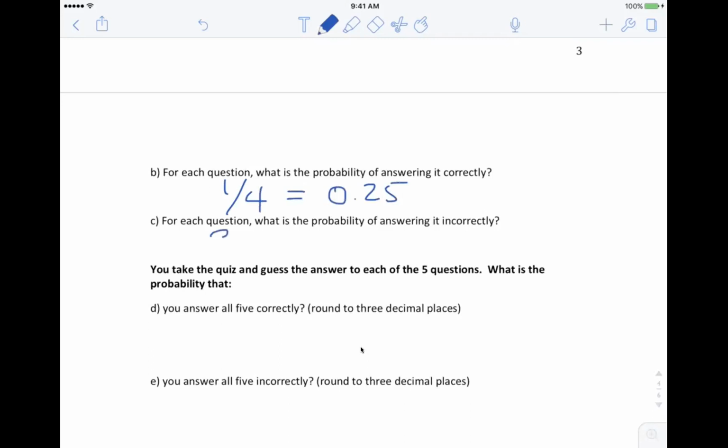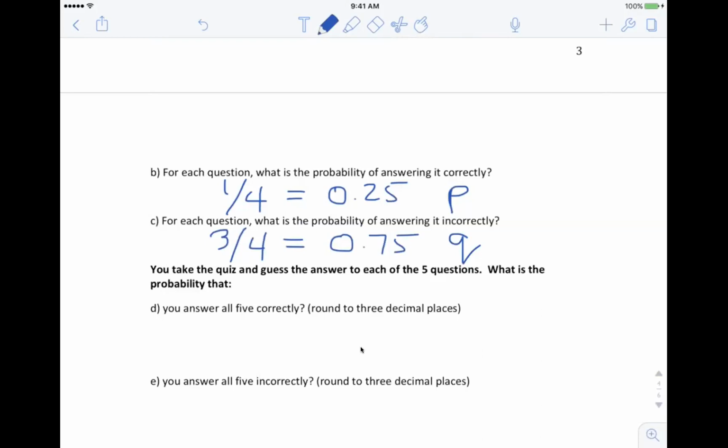Well, there's 3 incorrect choices. So 3 out of 4, 75%. In this section, we're always going to call the probability of a success P, and the probability of failure, we're always going to call Q. Notice those 2 always add up to 100% or 1. So if you have P, 0.25, you can find Q by going 1 minus P. 1 minus 0.25 is 0.75.